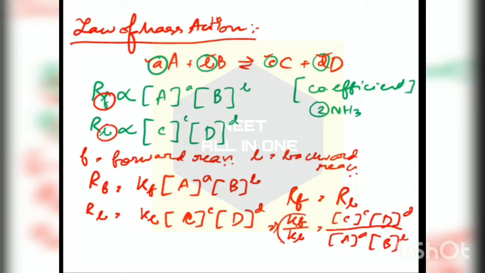Now this kf by kb, both are constant, so we just take a single constant for this, that is our Kc. Okay, then we write this [C]^c [D]^d by [A]^a [B]^b. That's how it is written. Okay, so from this we have learned how to write the Kc of an equation.